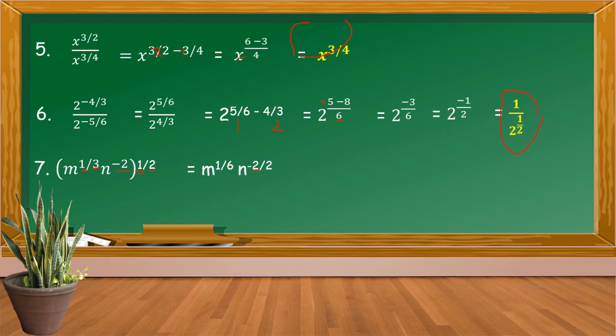There is a denominator of 1 here, and 1 times 2 is 2. And we have m raised to the power of 1/6, n raised to the power of negative 1. We make sure that all of the bases have positive exponents. So our final answer for this expression is m raised to the power of 1/6 over n. Again, m raised to the power of 1/6 over n.